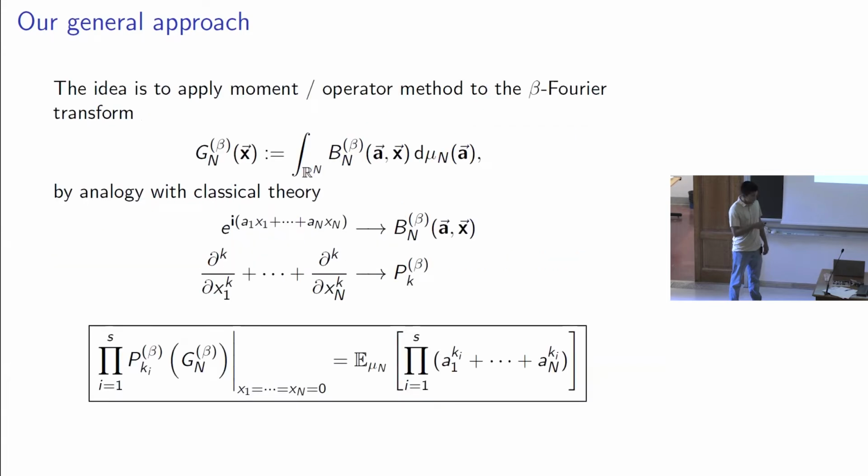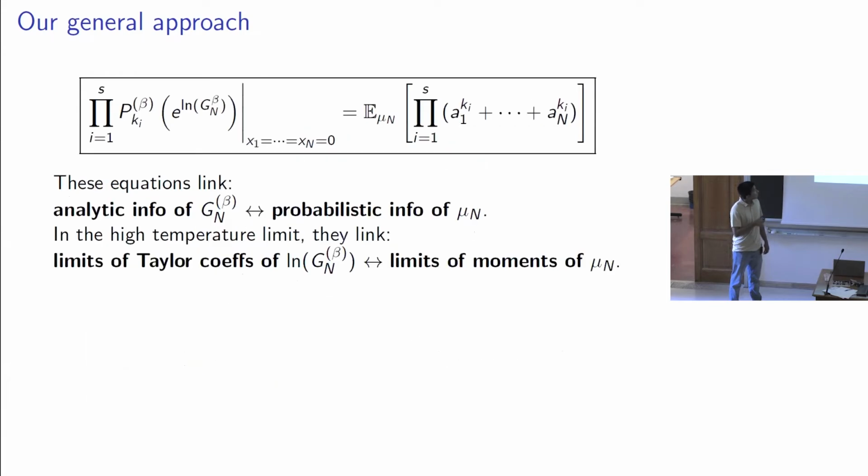The only difference is that instead of g_n to the g_n beta, I'm putting e to the log of g_n beta. But they're the same equations. On the left side, you have information about the analytic functions, these beta Fourier transforms. And on the right-hand side, I have probabilistic information about mu_n. So this equation ties both worlds.